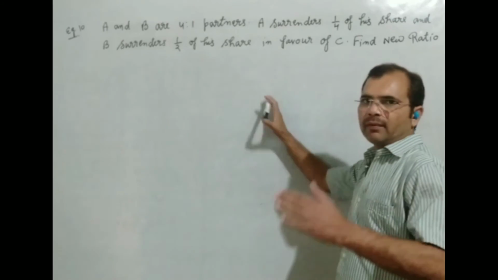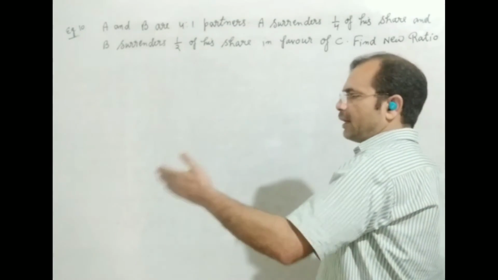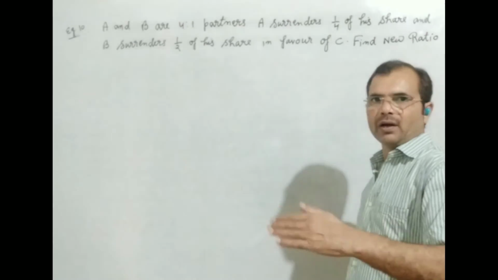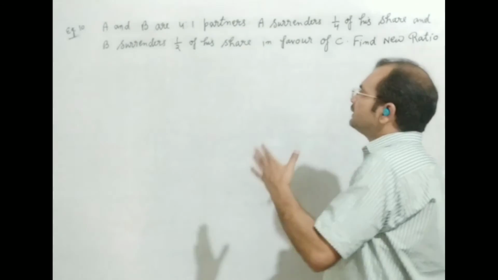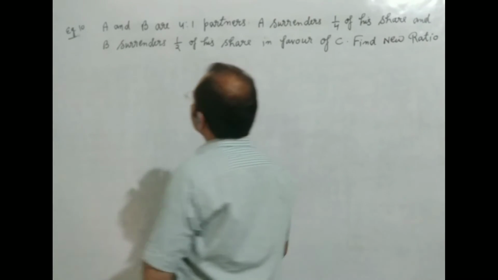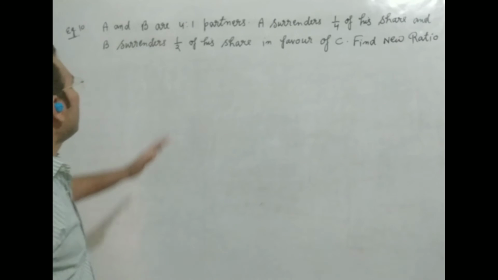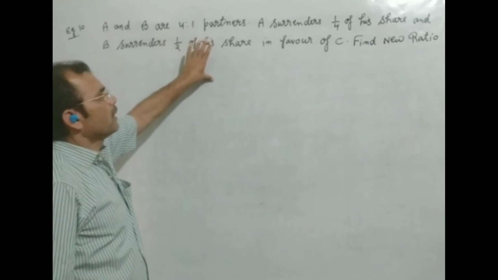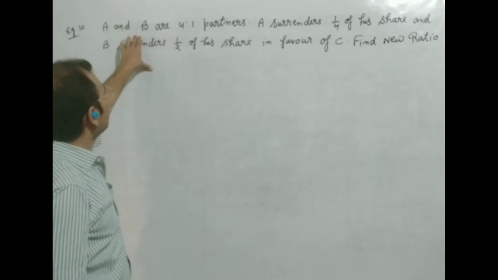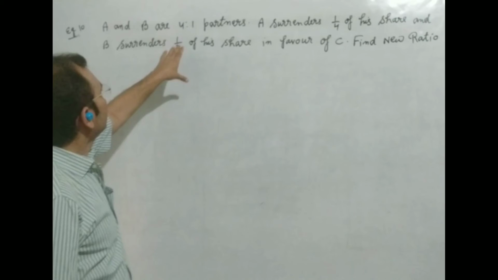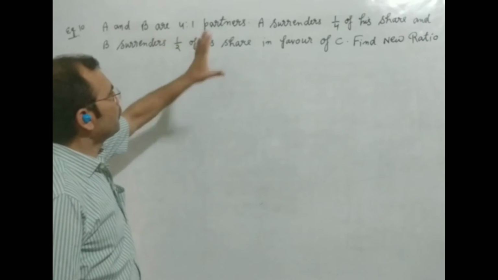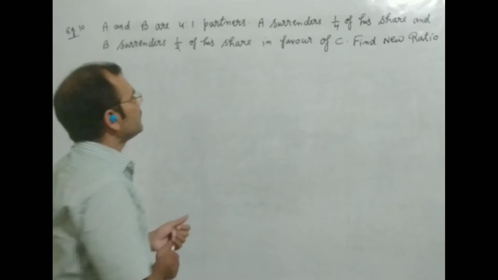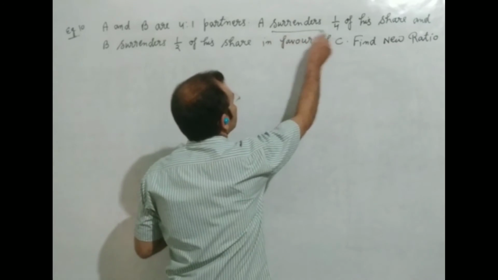Last problem, when a partner is admitted in the firm. This is the 10th problem. The problem is A and B are partners in the ratio 4:1. It means A and B are the partners and they are dividing the profit in the ratio 4:1. Now you are seeing a new word, surrenders.